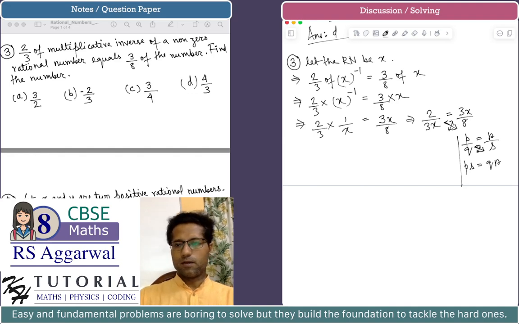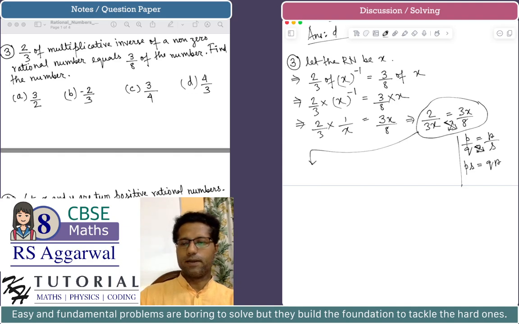So from this, if we do cross product, we will get 2 multiplied by 8 is equal to 3x multiplied by 3x. This implies 16 is equal to 9x square.